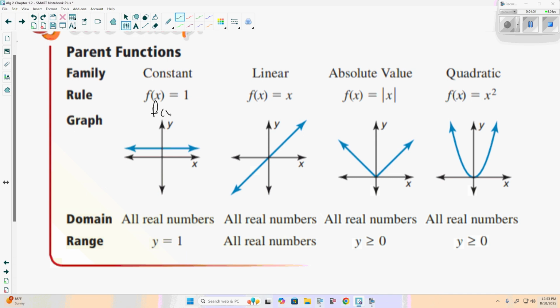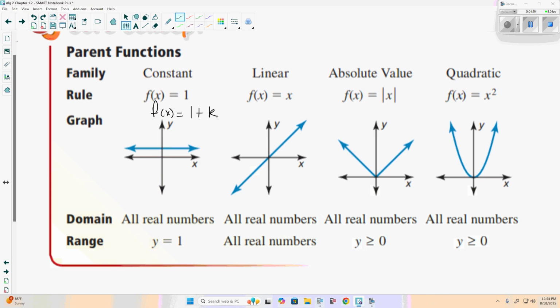So in the general form, it's 1 plus k, where k is the amount that we move it up or down. Literally, all we can do is move it up or move it down. That's it. So that's why I don't focus on it too much, because it's just up and down. That's about it. Linear, absolute value, and quadratic.